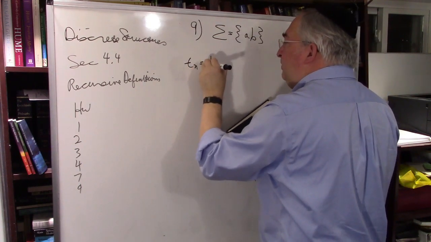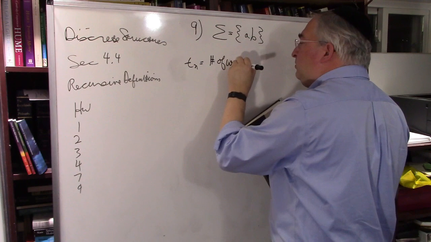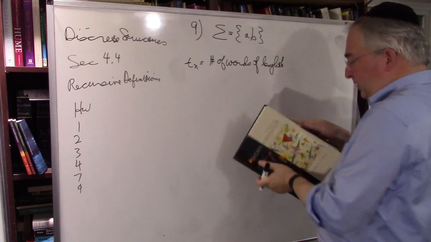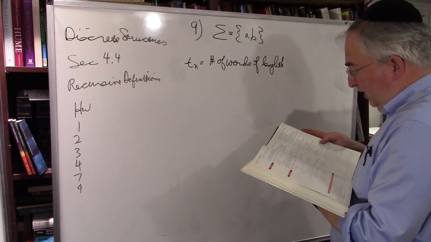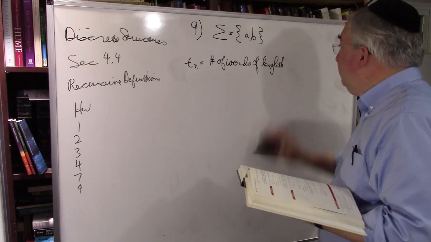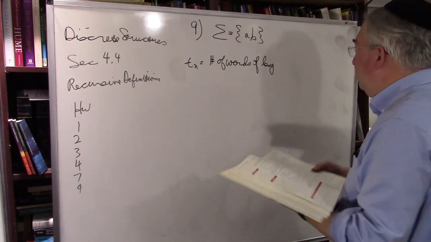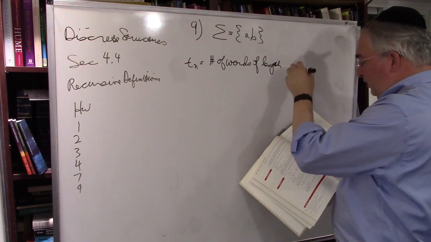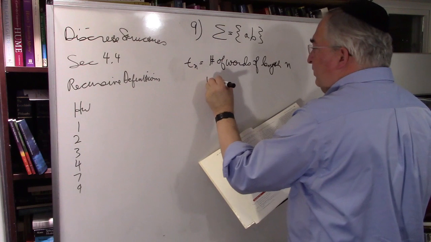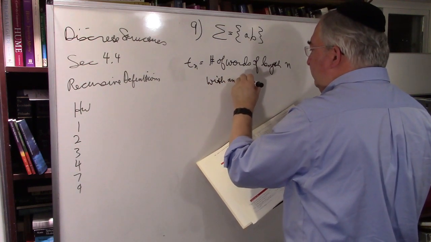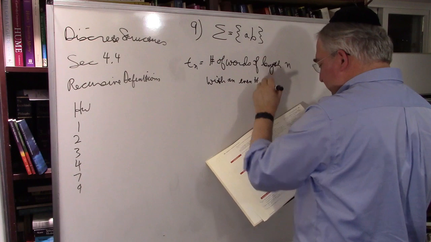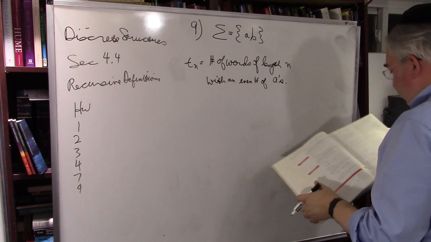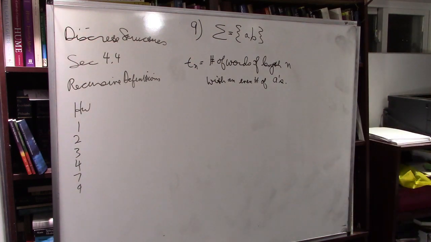T(n) is equal to the number of words of length n with an even number of A's. So calculate T0, T1, T2, and T3.